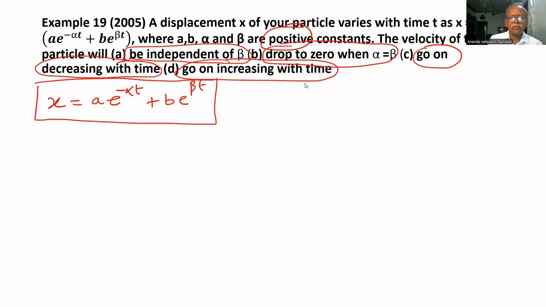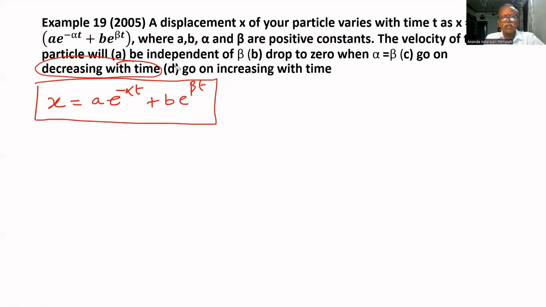C says go on decreasing: if t increases, velocity will decrease. B says when alpha equals beta, its velocity is 0. And A, it is independent of beta.